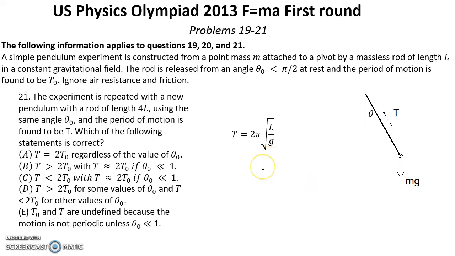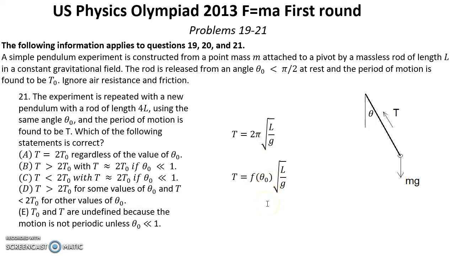But for big angles, this formula is not correct. And from dimensional analysis we can find that the period must be equal to this expression, where the function f of theta 0 is approximately equal to pi for small angles, but it's different for other angles.